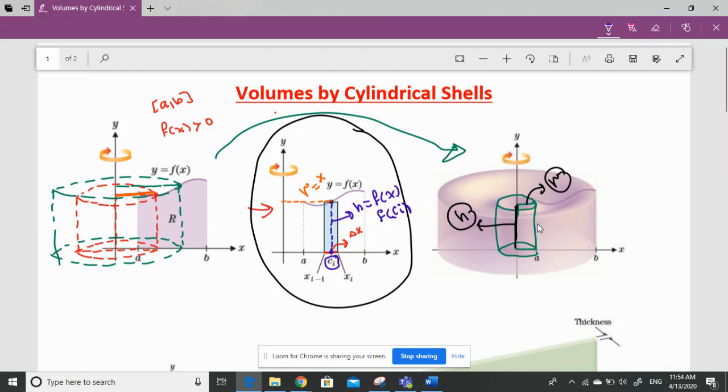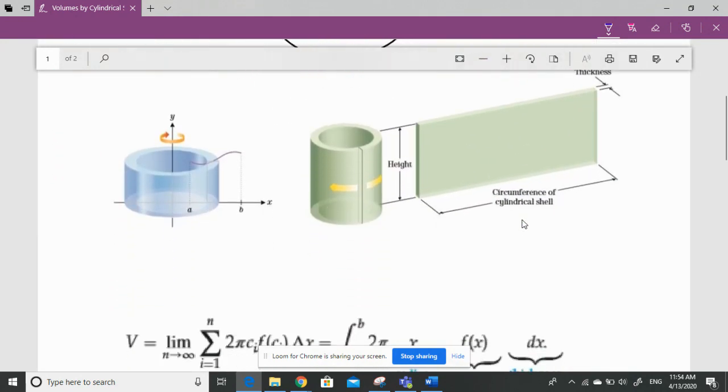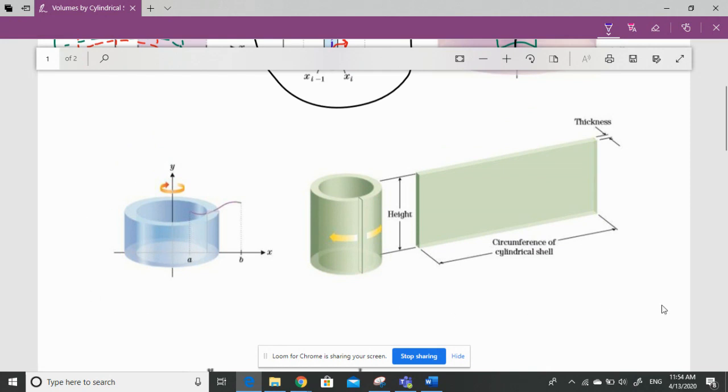Now I will take this cylindrical shell down to look with you at the components of this cylindrical shell.